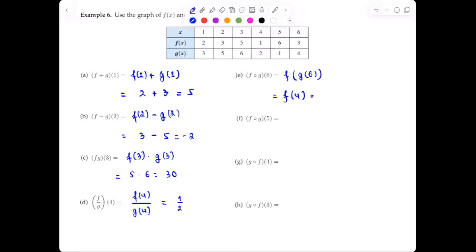So f of 4 is equal to 1. Good. And f circle with g of 5, f of g of 5. g of 5 is equal to 1. So f of 1 is equal to 2.